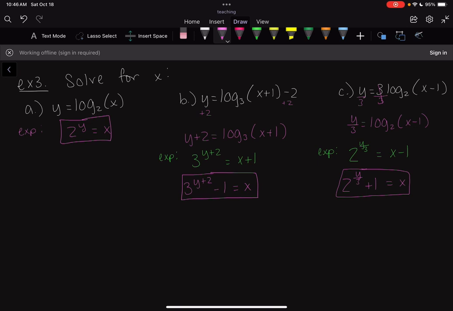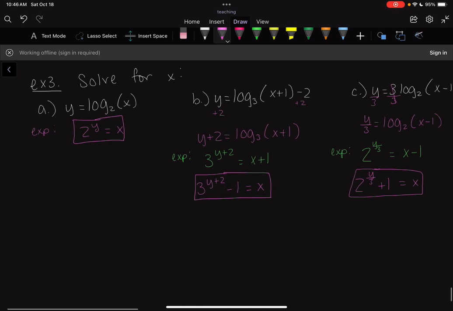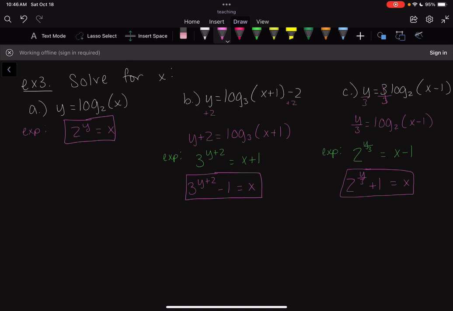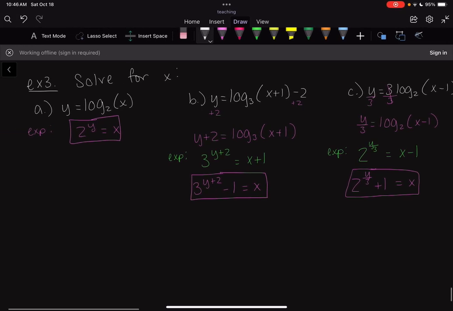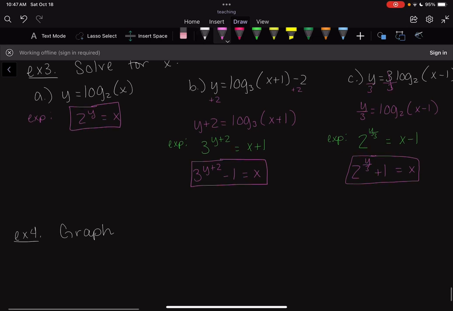Now, the first thing that you always need whenever you are graphing any kind of function is the domain. So for example 4, we're going to start graphing. But I always want to put a note here that first, we always need to find the domain.